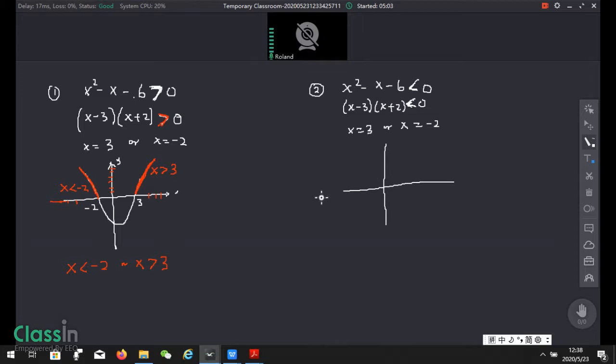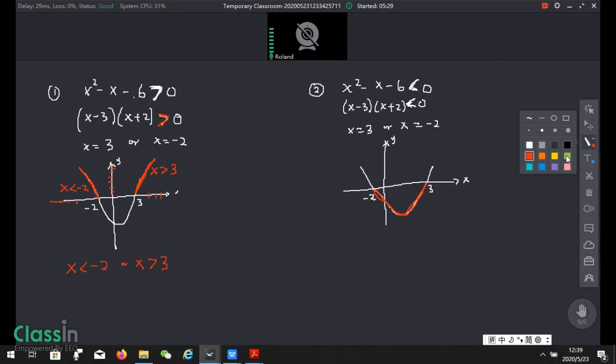If we sketch this, we know, of course, it's the same approach, right? It's supposed to be something like this with negative 2 and 3. But in this case, the part of the curve which is less than 0 is when y is negative. Y is only negative on this portion of the curve.